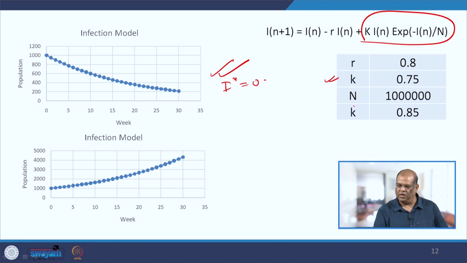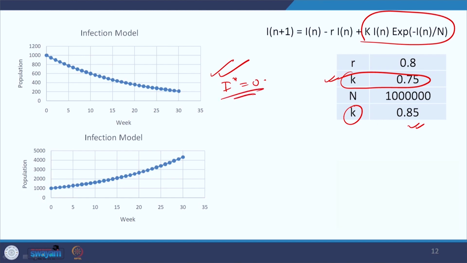But if I change the value of k to 0.85, I see that the graph rises, that is the infectious population rises. So, it depends on the initial conditions where you will be able to calculate the value of k, whether the system is stable about I star equal to 0 or stable about I star equal to n ln k by r.